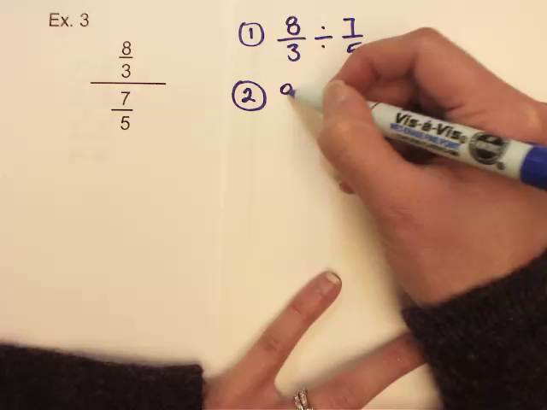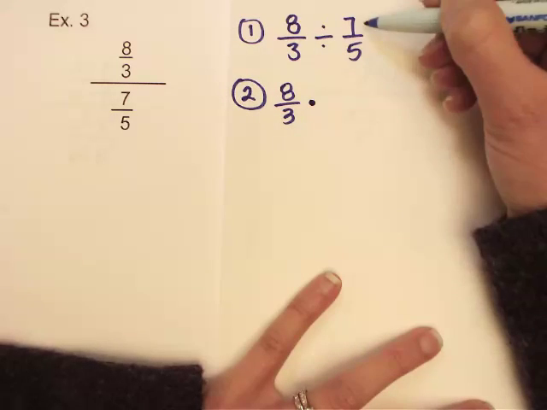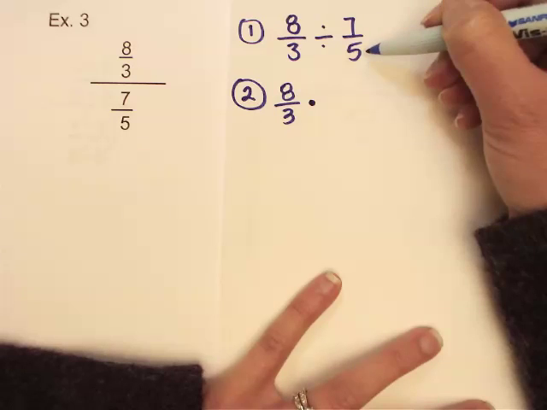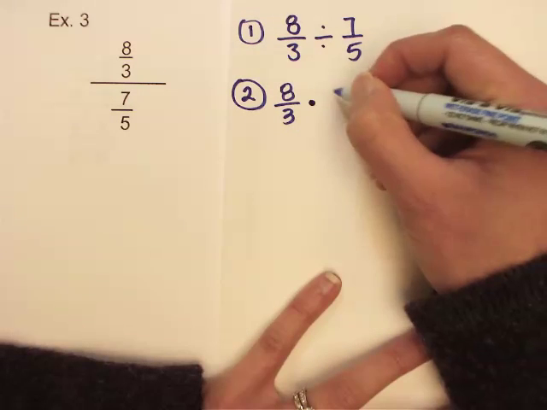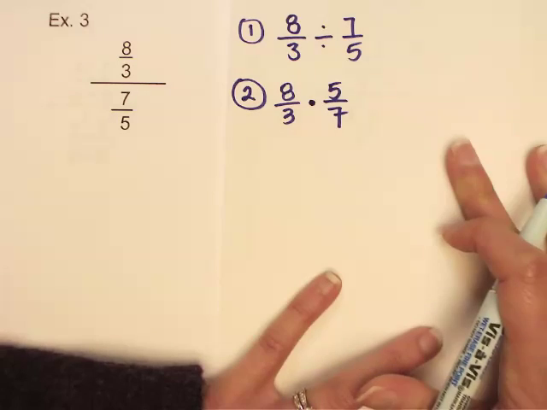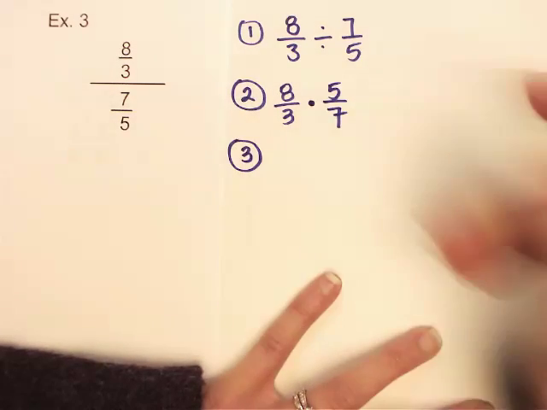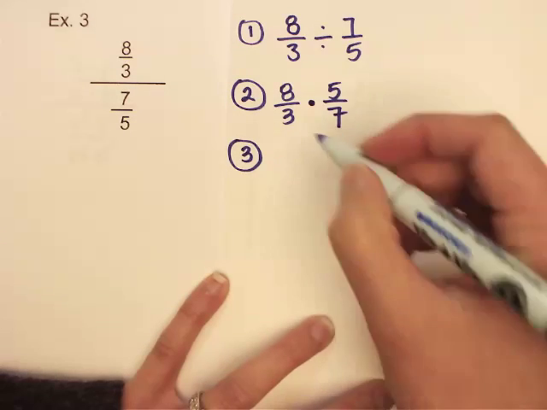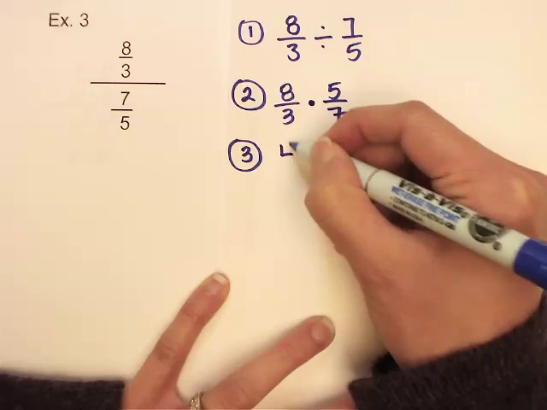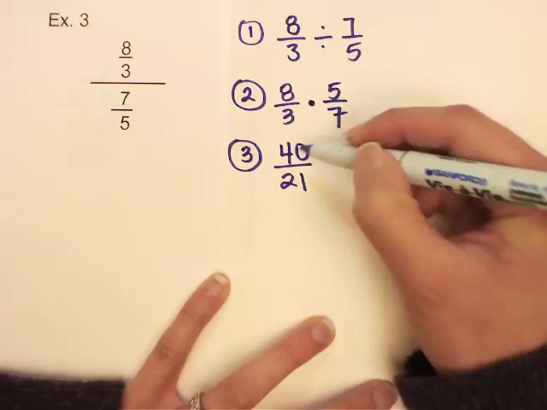So that's 8/3, and we are now multiplying. When we take the reciprocal of the second fraction, we flip it, so that becomes 5/7. Now we can multiply and simplify. So 8 times 5 gives you 40, and 3 times 7 is 21.